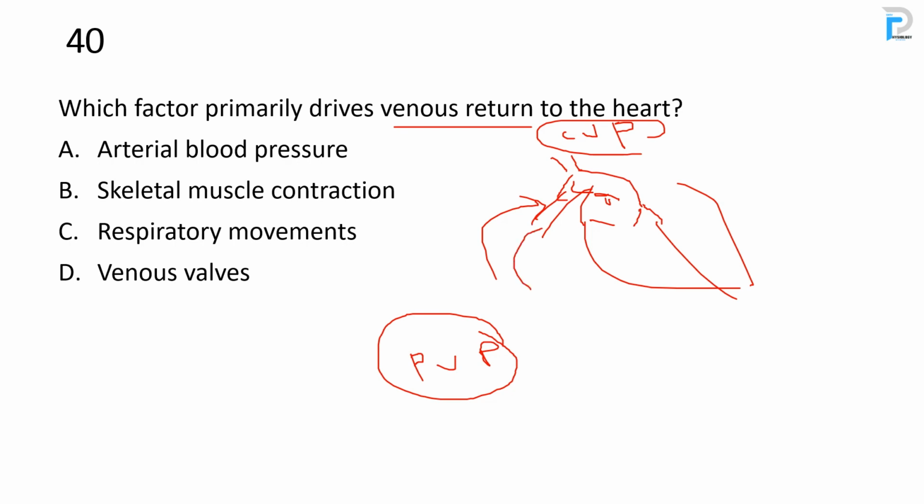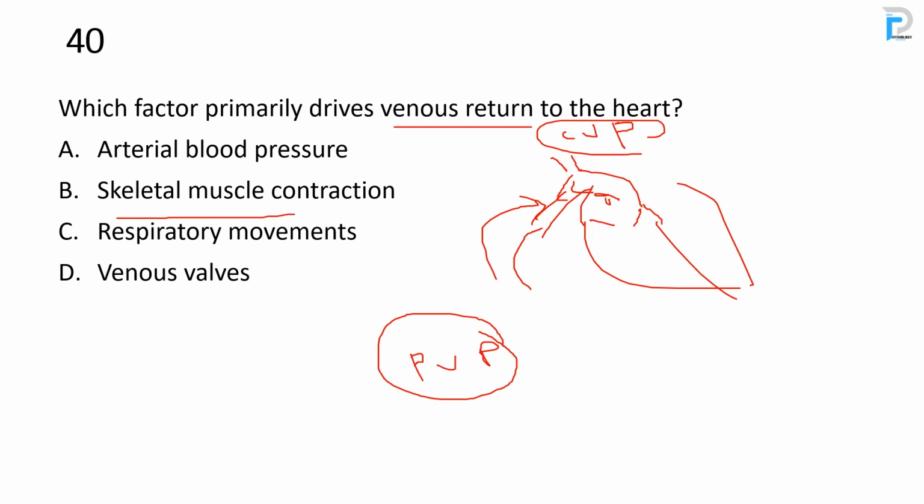So venous return has many factors that affect it, for example, our posture, our muscle contraction, our respiratory movement. So let's look at this question. What will be the primary force that drives the venous return back to the heart? It is skeletal muscle contraction.